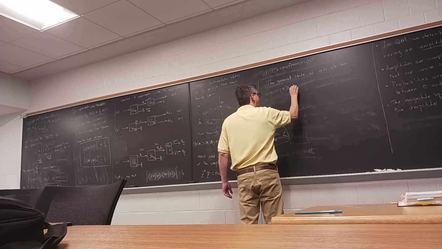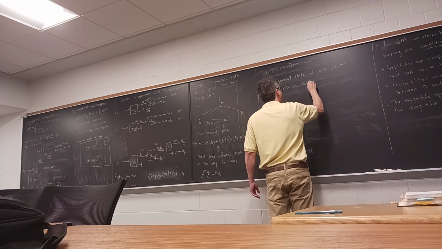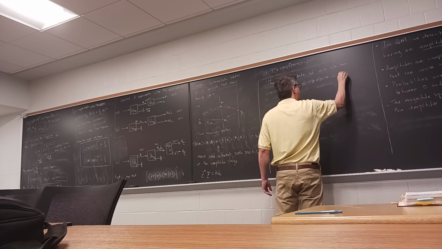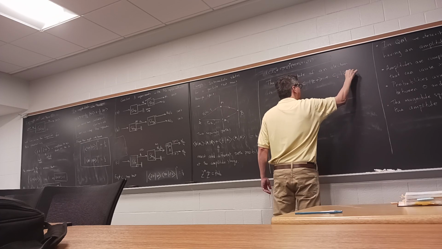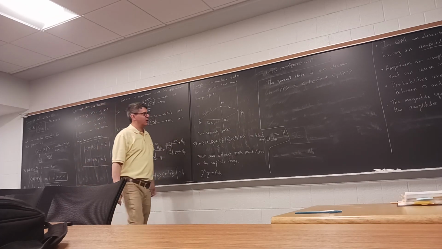So if I want to now just write the general state of an electron, I can write it like this, where C1 and C2 are complex numbers.